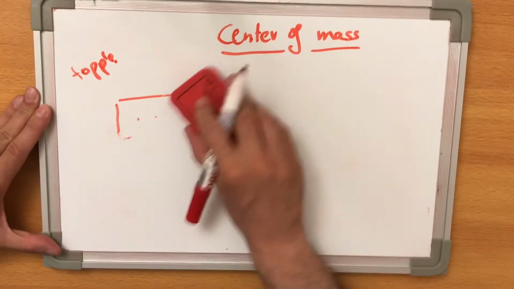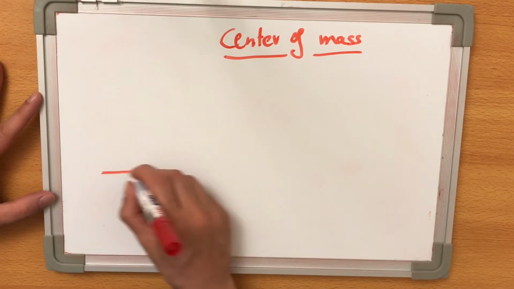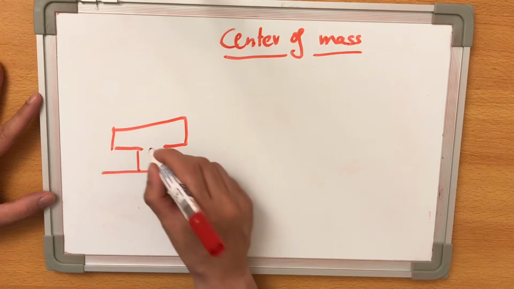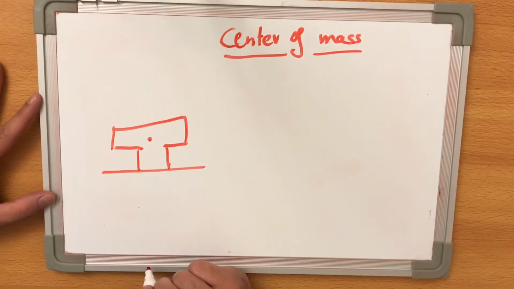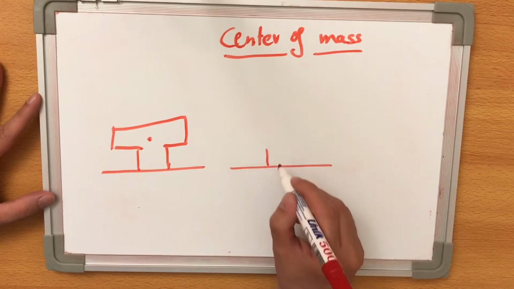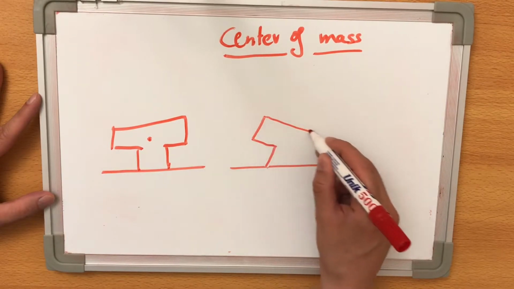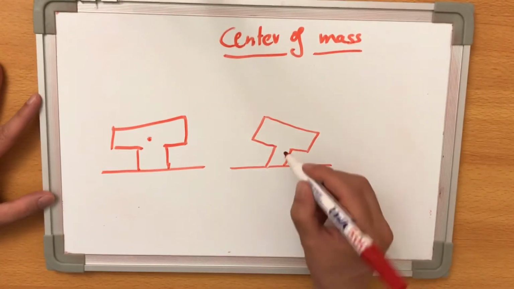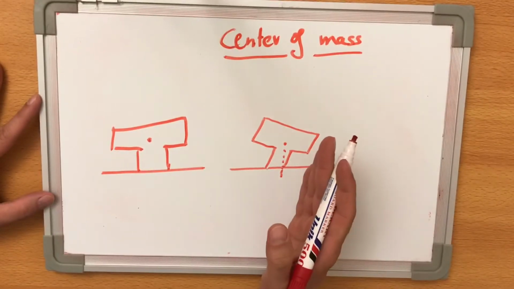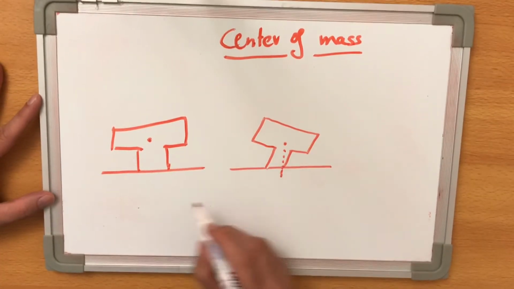So let's take an example. Here, this is the object, and here the center of mass. I move this object to the right. Okay, like that. The center of mass is still here over the base, so it's still stable and it will go back to this position.